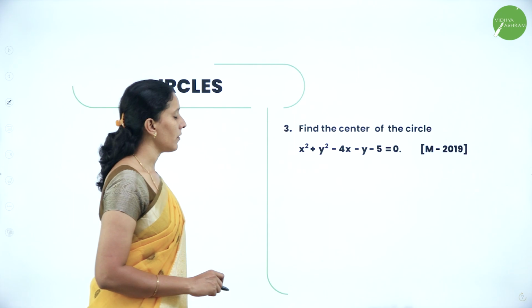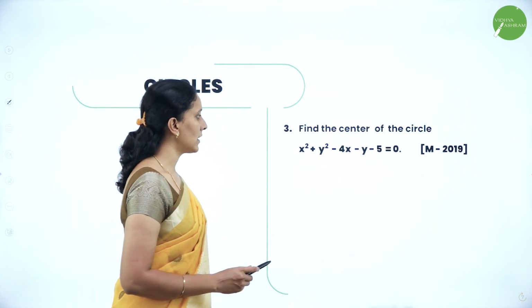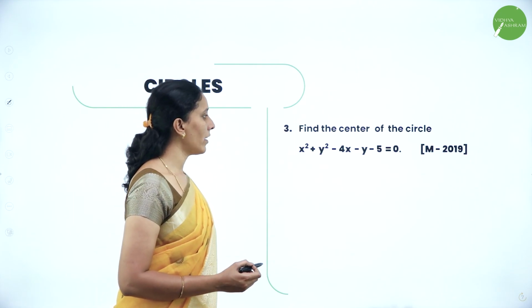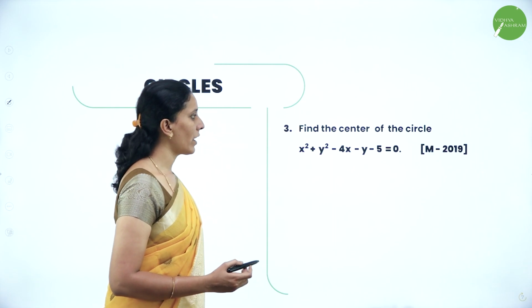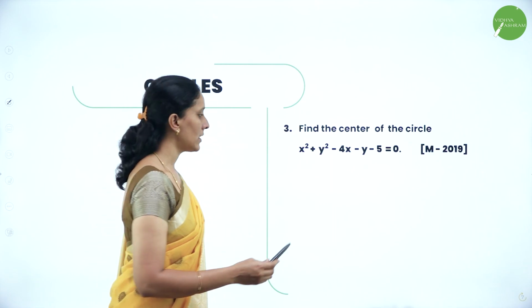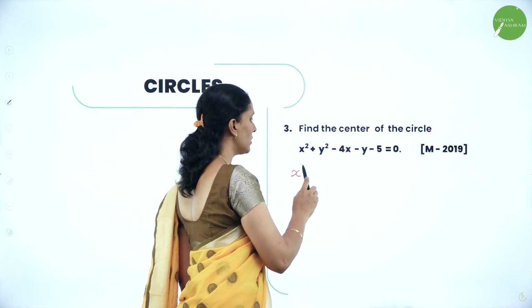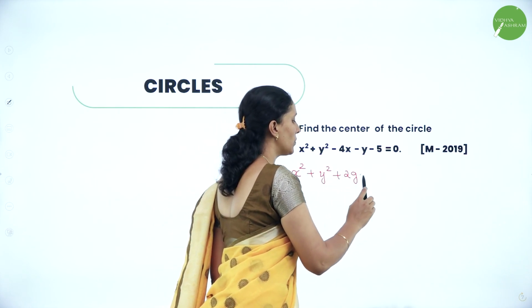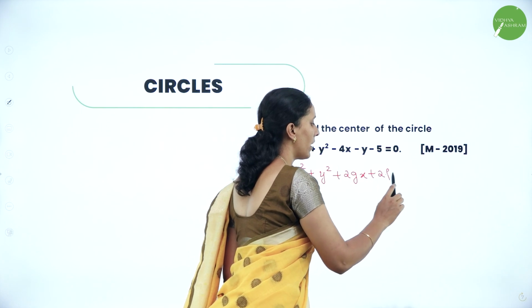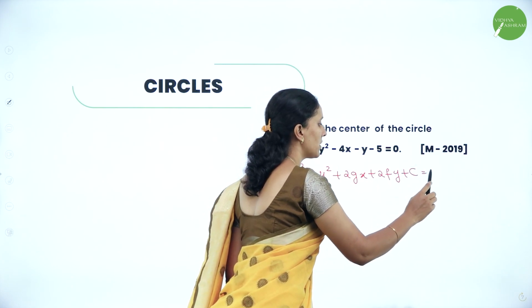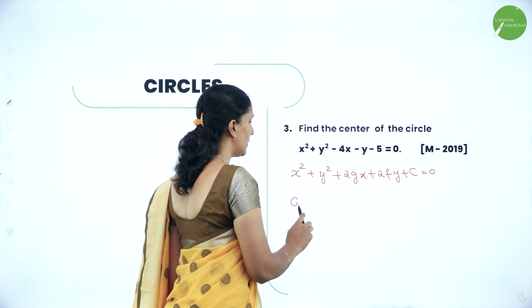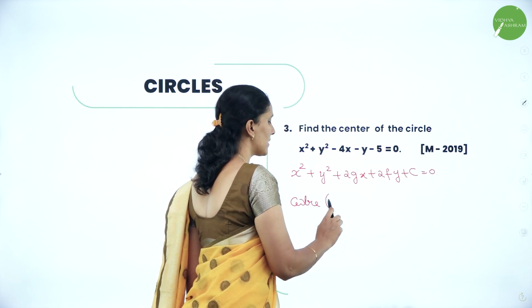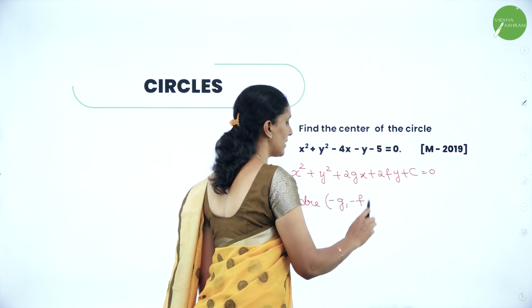Next, find the center of the circle x square plus y square minus 4x minus y minus 5 is equal to 0. So the general equation goes like this, x square plus y square plus 2gx plus 2fy plus c is equal to 0. So the center is minus g comma minus f.